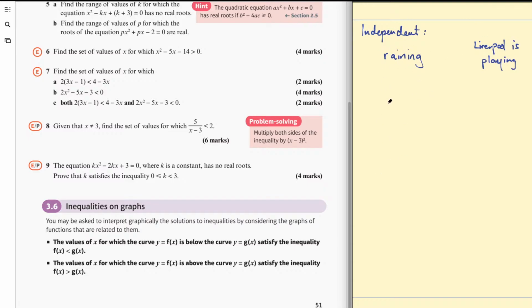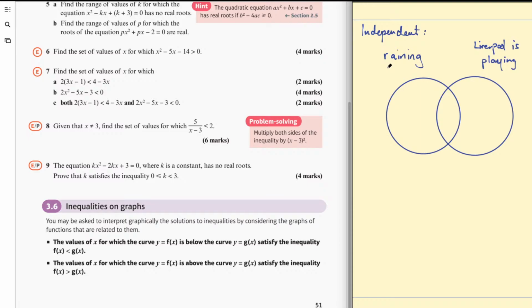So this one, it could be raining, right, at any point, and Liverpool can be playing at any point, and sometimes we'll have the situation where it's raining and Liverpool are playing soccer, football.